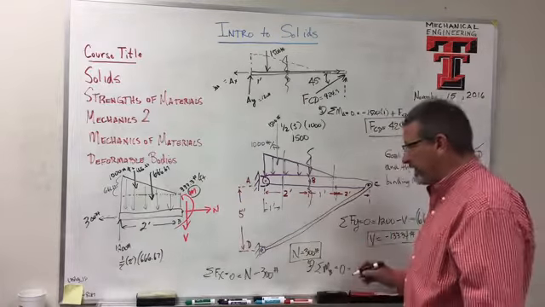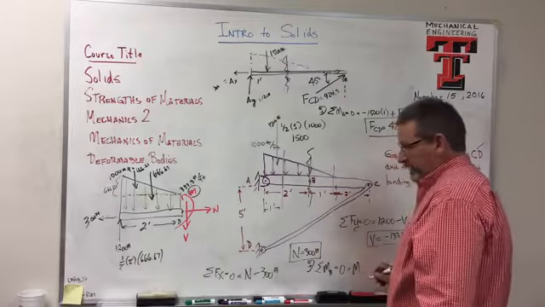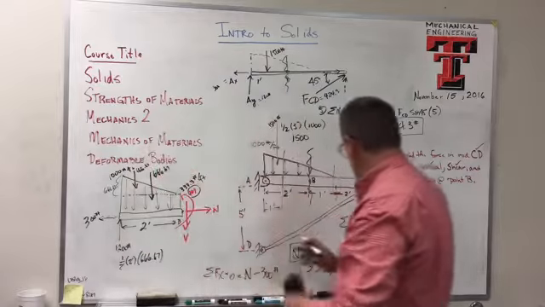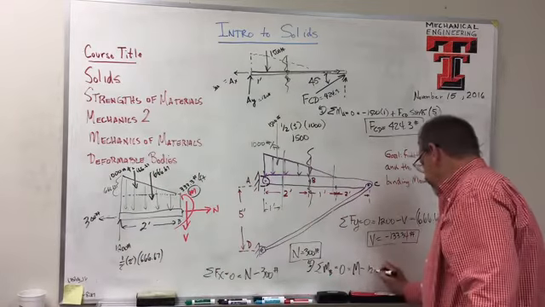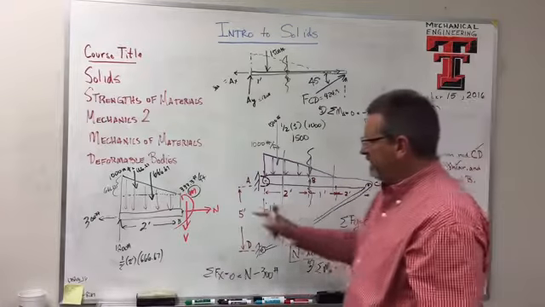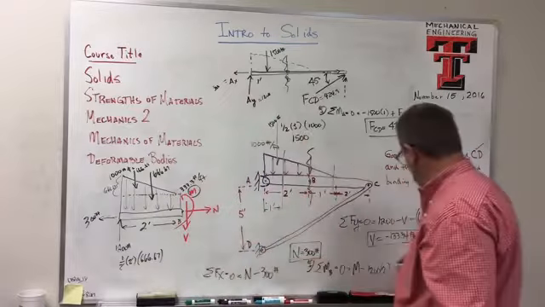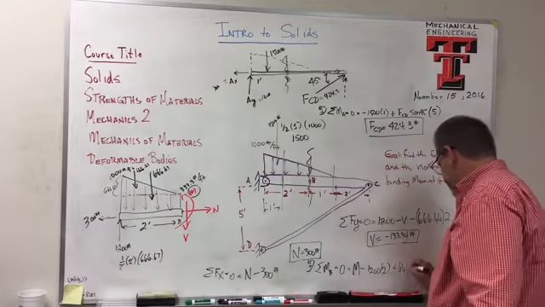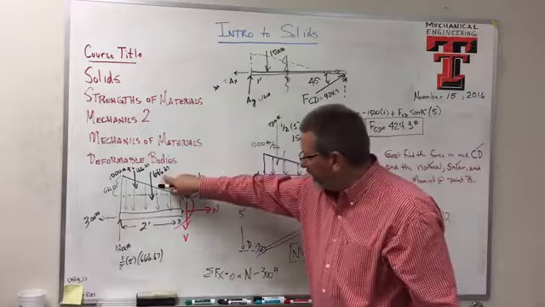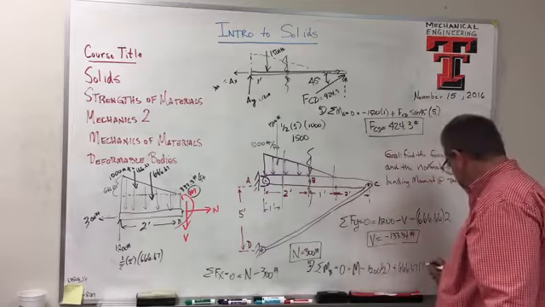I knock out N and V, but I don't knock out M, so that's positive M. And then I've got the 1200 over here that rotates me negative. So minus 1200 times how far away? 2. And then both of these guys rotate me positive, right? So plus 666.67 times, okay, how far away is that one? Well, it's half of 2, right? The rectangle's right in the middle, so that's a 1.